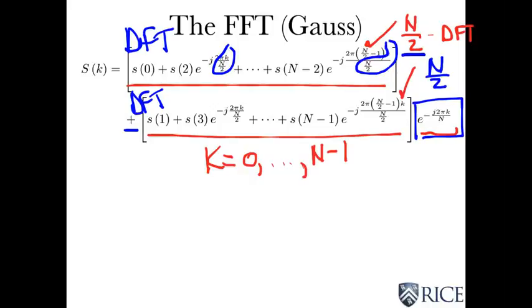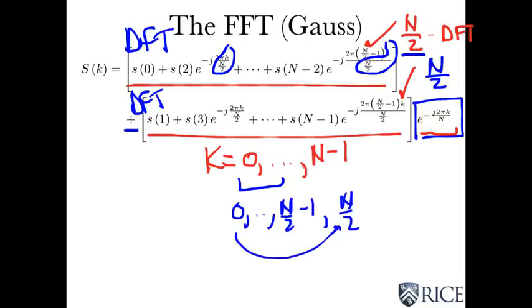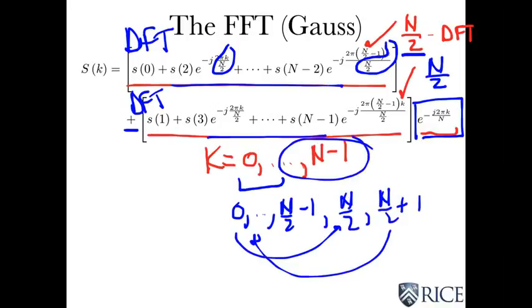So, what does that mean? That means that once I calculate this formula for 0 up to N over 2 minus 1, what happens at N over 2 is the same thing that happens at 0. And what happens at N over 2 plus 1 is the same thing that happened at 1. I don't need to compute these formulas for the higher values of k. I can reuse my previous computations.